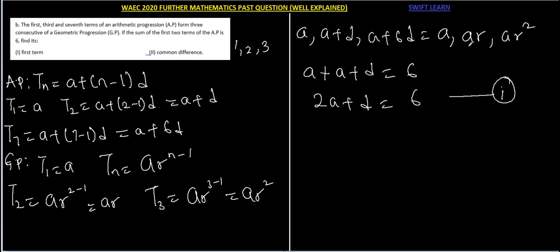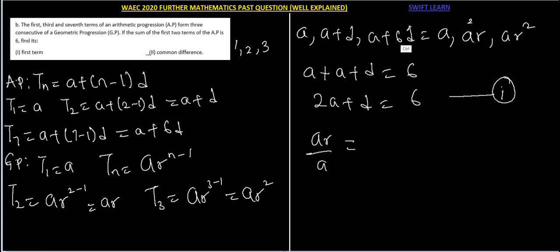Okay, if you look at it this way, this A, for example, this first term is same as this first term, the second term is same as the second term, this seventh term is same as the third term, because it said it forms, here means they are equal to each other. So if I want to look at R, if I want to get R, I will say AR divided by A will give me R. That's equals to, this is the 1, 2, 3 for instance.